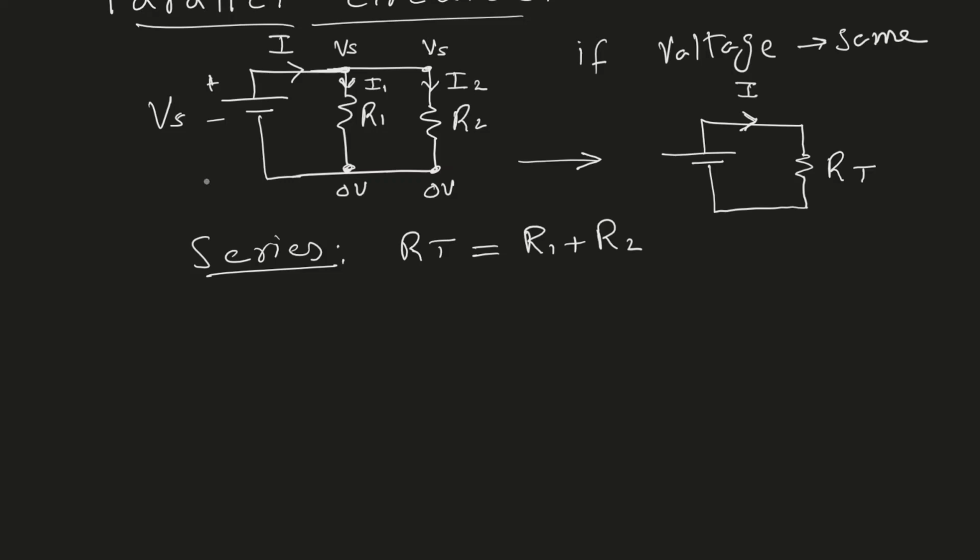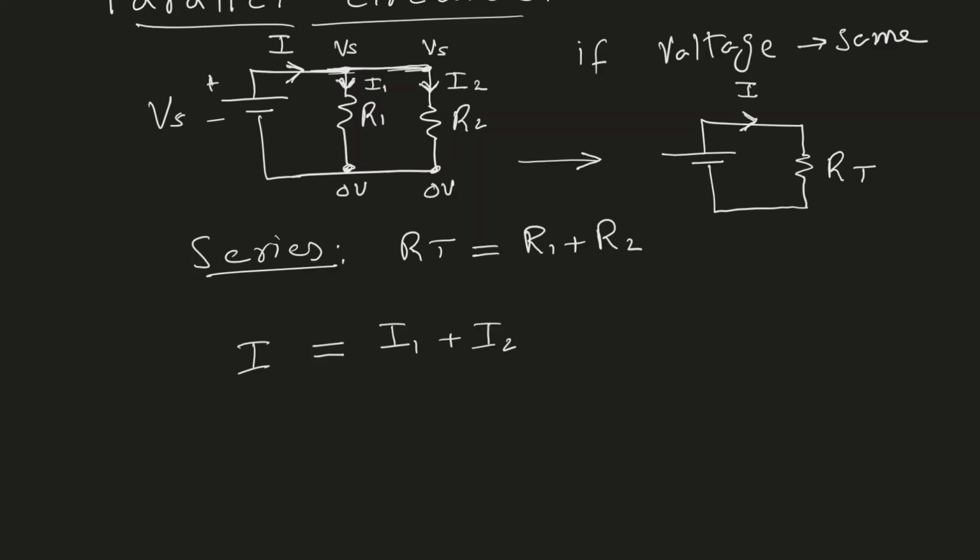Looking at the figure over here, we can say that the total current I that will be produced by the source will be equal to the current I1 plus I2. If you imagine that current is like water flow, the amount of current coming from the supply will be divided between the two resistors, and depending on the resistor values, in one path we will get more current, in the other path we will get less current.